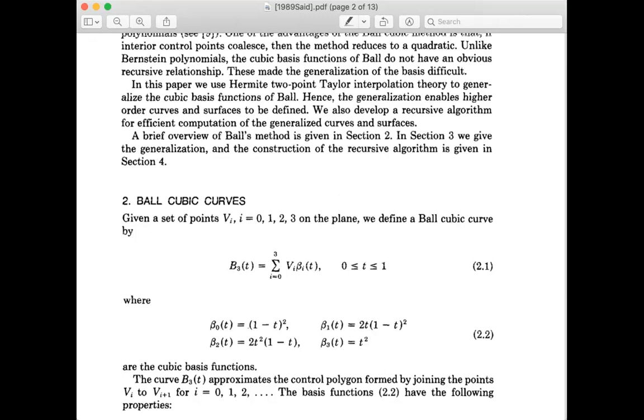Can you hear me? Okay. Because we started from the cubic Ball curve, I've just told you that if we want to... what happened?